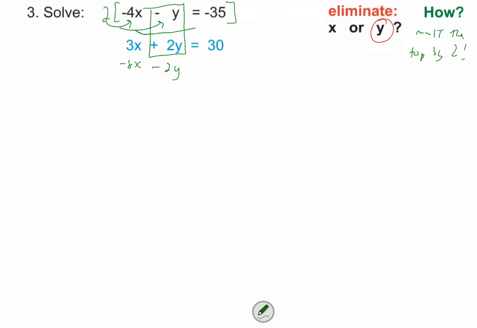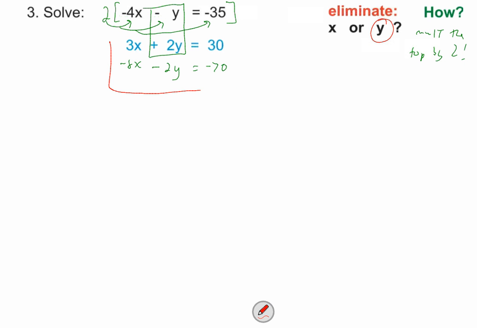You have to multiply it times the whole equation, otherwise you're changing the value. 2 times a negative 35 is a negative 70. You had to do it to the whole equation. Some students forget to do it to the number on the right of the equal sign. Don't make that mistake. Okay, that's how we start.